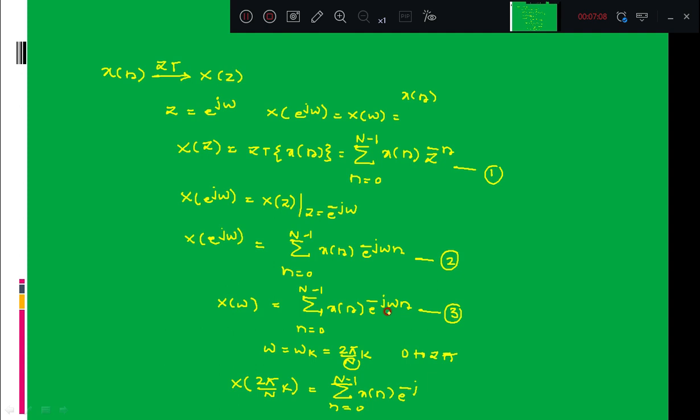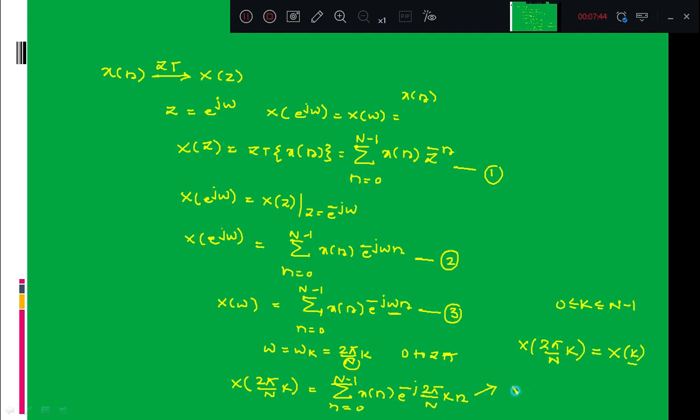So this ω becomes ωk, and that ωk can be written as 2π/N k, which is multiplied by n, right? So next, this X(2π/N k) can be simply written as X(k), where k is the discrete frequency values which varies from 0 to capital N−1.